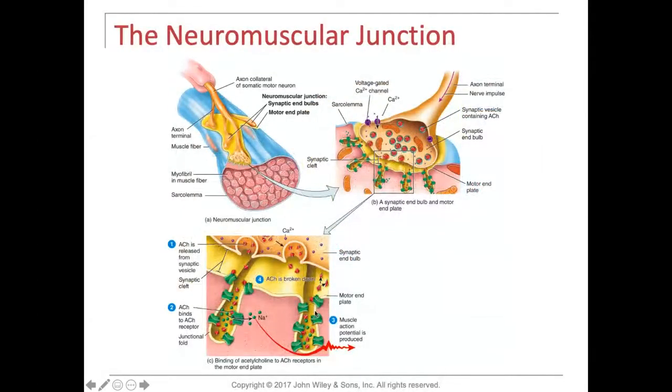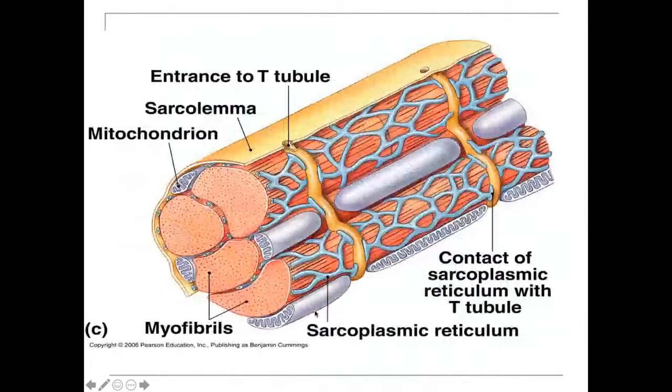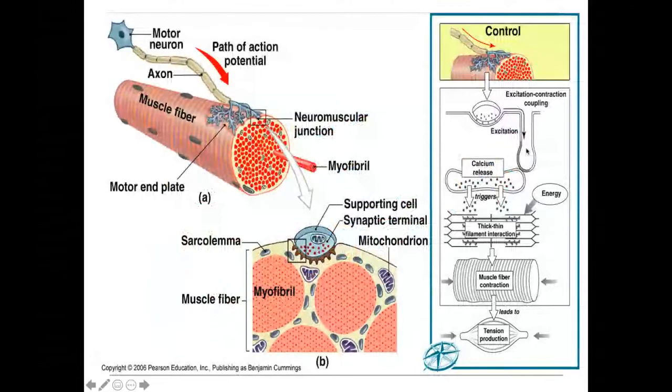That's the transverse tubule, which is here. And we know the transverse tubule butts up against the sarcoplasmic reticulum. The blue structure stores calcium. So here is the invagination, the T-tubule touching and making contact with the sarcoplasmic reticulum, which stores calcium. So it's going to tell calcium to be released.